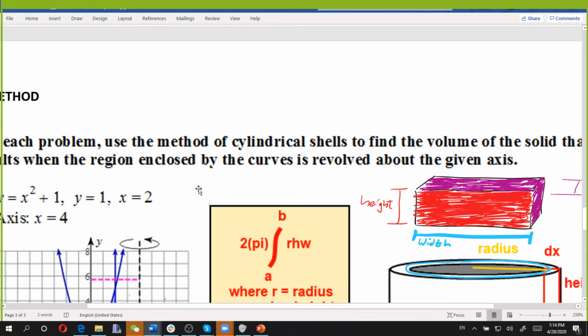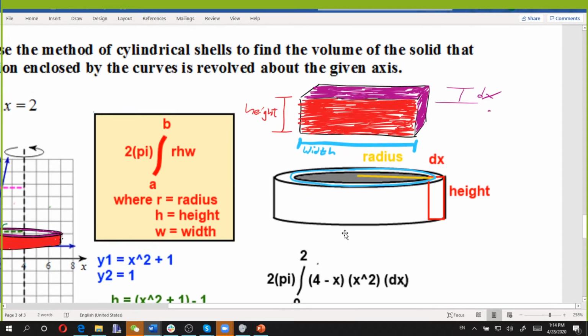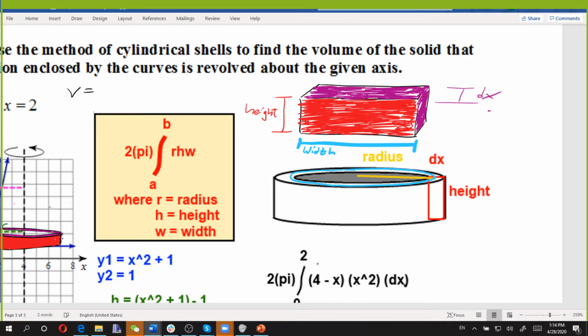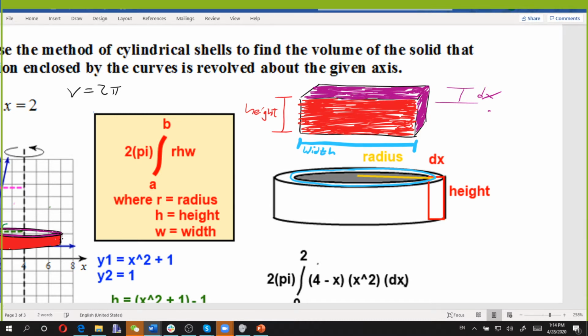Okay, so putting all of that together, we'll get our general form for volume. Volume is equal to our width, which is 2 pi r. That 2 pi is a constant, so I'm going to pull it outside the integral.